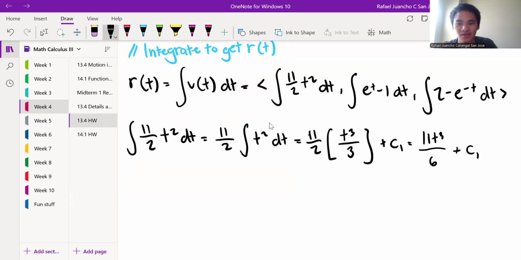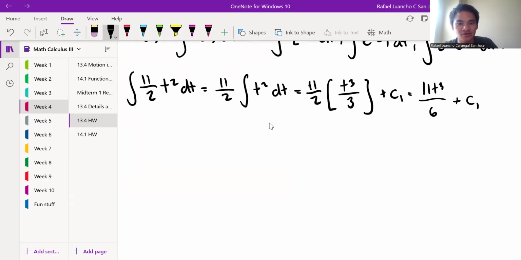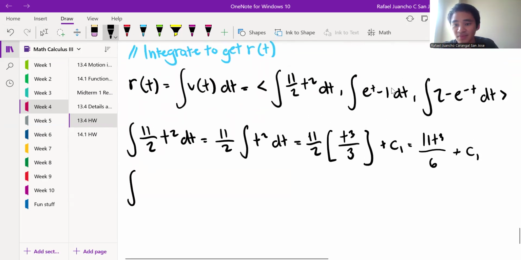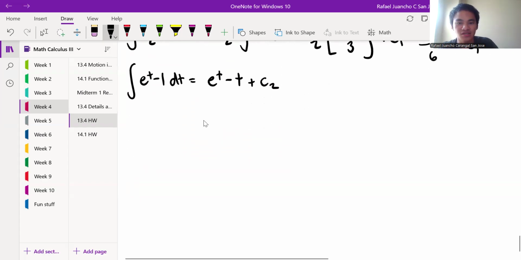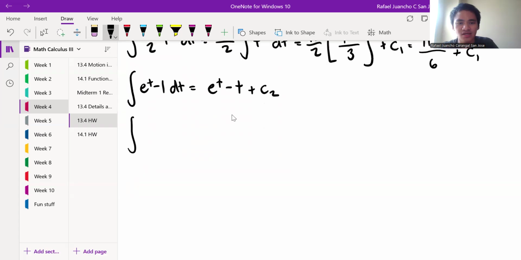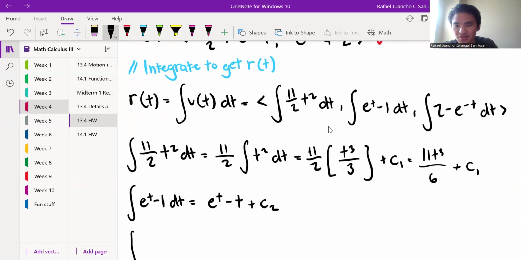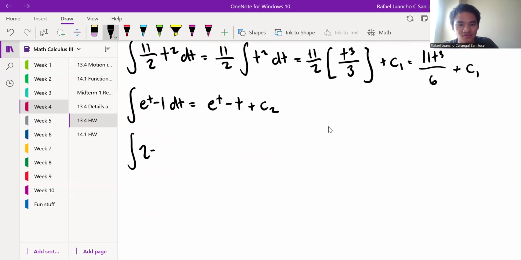Done. Now I look for the next one. E to the t minus 1 dt. I got e to the t minus t plus c2. As easy as that. Then the last one, 2 minus e to the negative t.